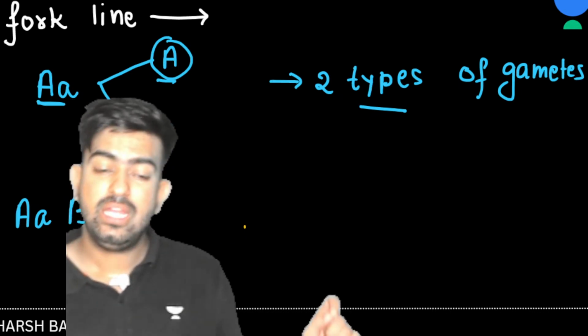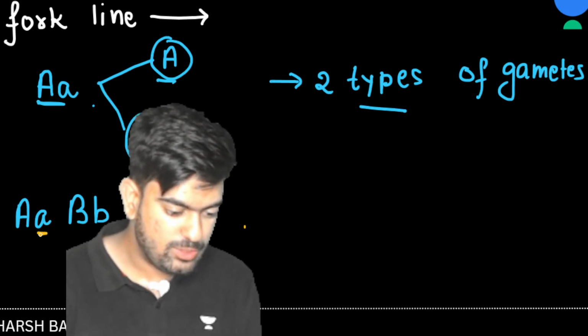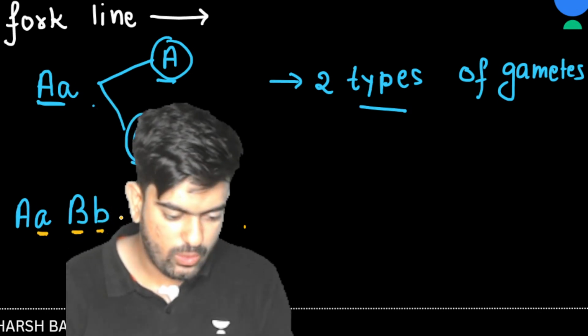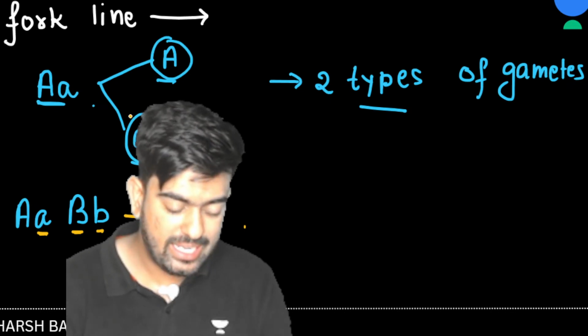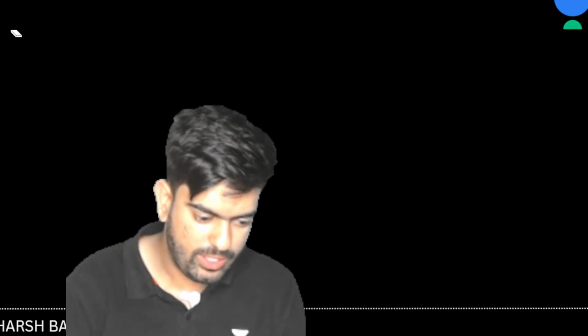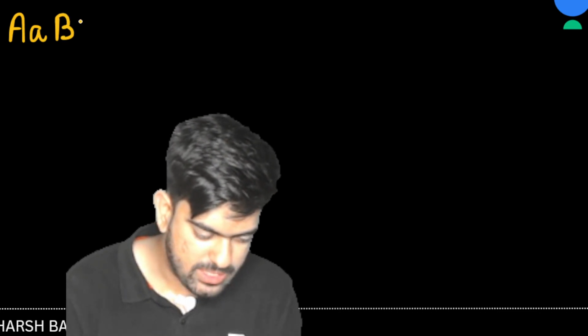Now, what to do in the case of capital A small a and capital B small b? Here again we are going to do something like this. See, I'm going to take the next page and let's write here capital A, small a, and capital B, small b.